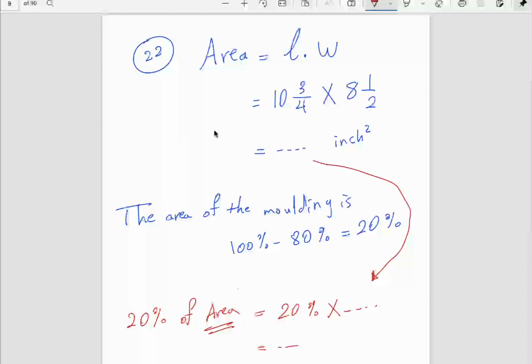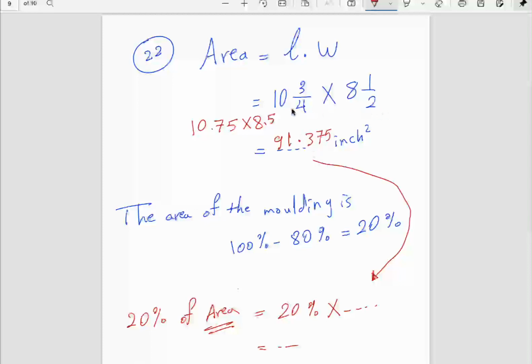If you use decimals, you will multiply 10.75 times 8.5, and you will get the answer. I have the answer already, so I will write it for you. It's 91.375.